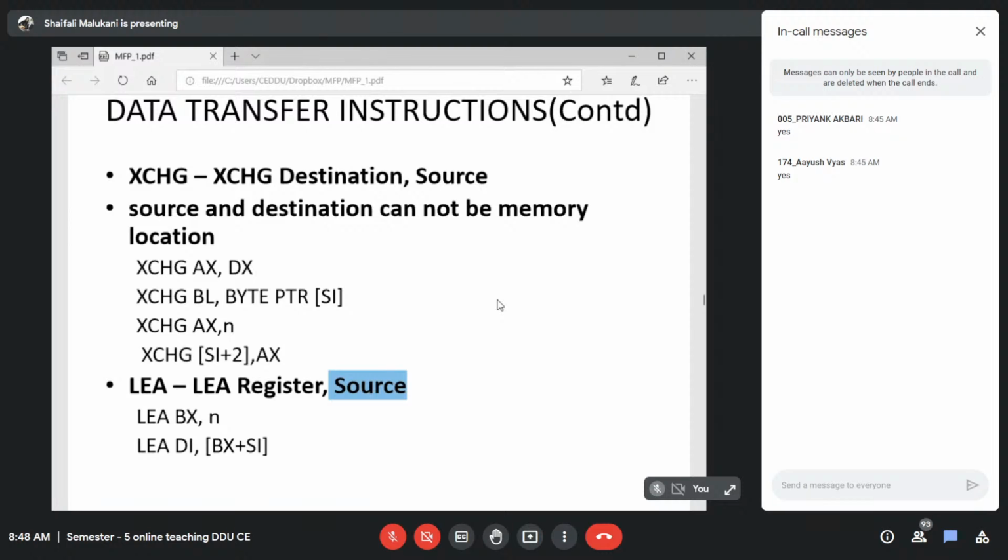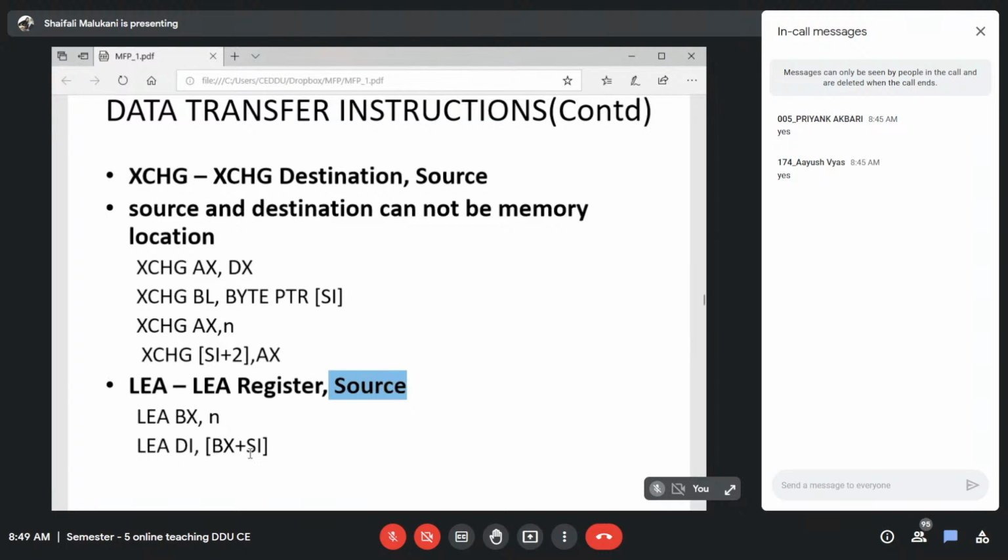N1 is a variable, which means it is pointing to a memory location. It is pointing to an offset, and if I want that offset in bx, or in si, then I'm going to write LEA bx, n1. LEA, load effective address of n1, loads the offset of n1 in bx. Okay. So that is what load effective address is, right?